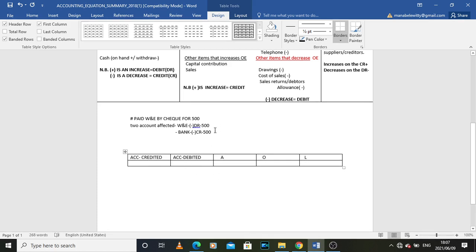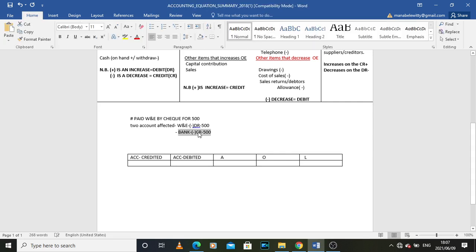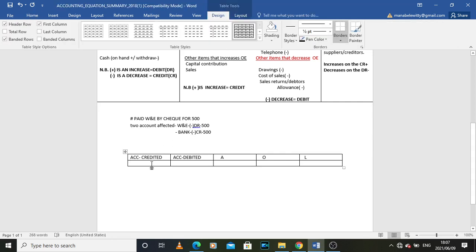Account credited is this one, credit side. So account credited is bank. This is how you record it, bank, after analyzing. Account debited is water and electricity.